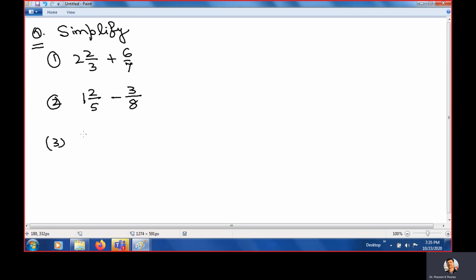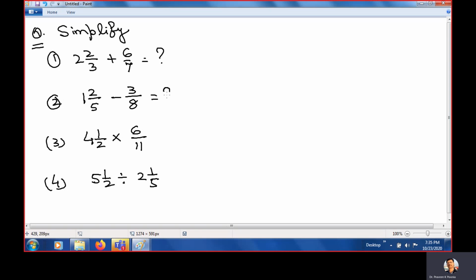What is the third question? 4 and 1 upon 2 multiply 6 upon 11. And the fourth question I will write here. It is 5 and 1 upon 2 divided by 2 and 1 upon 5. So these are the simple questions.